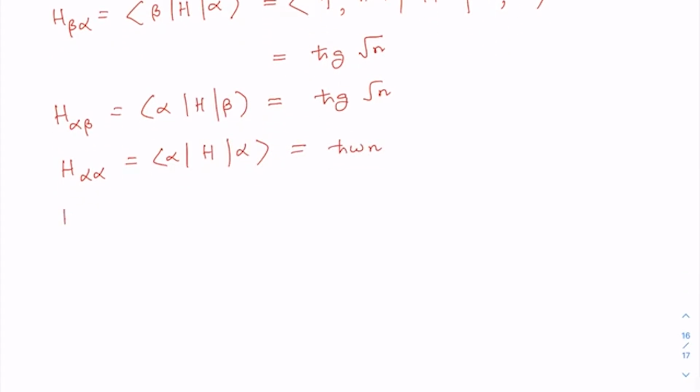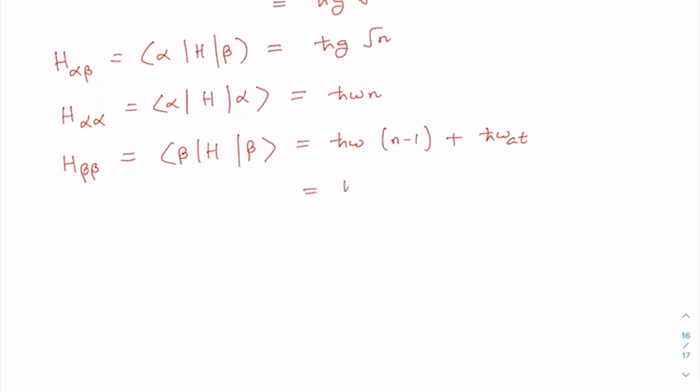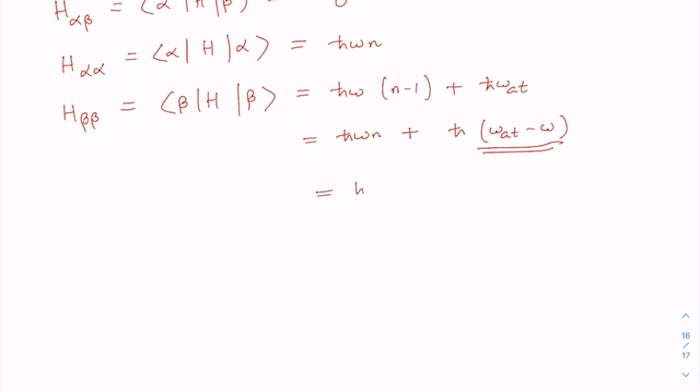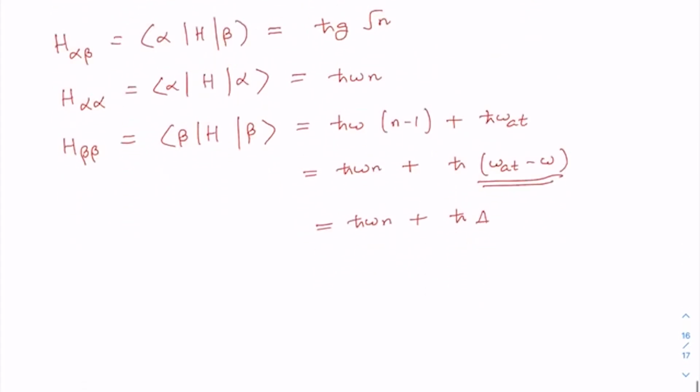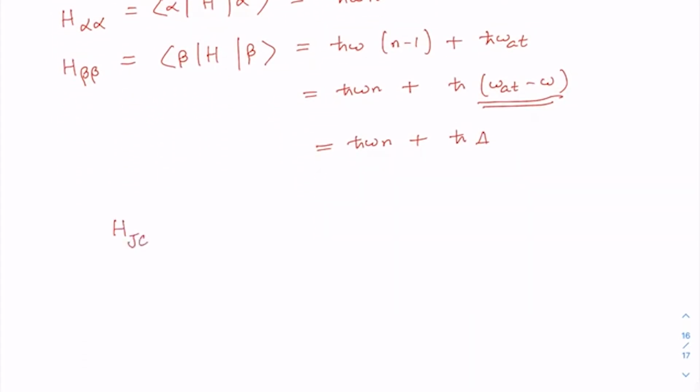You can very easily work it out, and beta H beta would be h cross omega n minus 1 plus h cross omega atom. This I can write as h cross omega n plus h cross omega atom minus omega, and you know this is the detuning parameter, so therefore I can write it as h cross omega n plus h cross delta, right? So I have all the elements in the Hamiltonian, so I can write my Jaynes-Cummings Hamiltonian in the matrix form now.